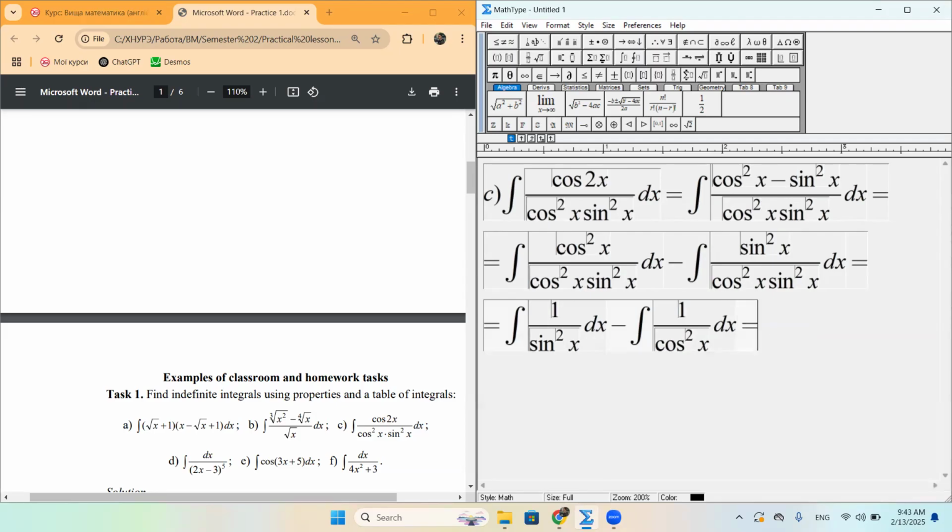And now we have two table integrals. So if we integrate this function, we will receive minus cotangent of x.